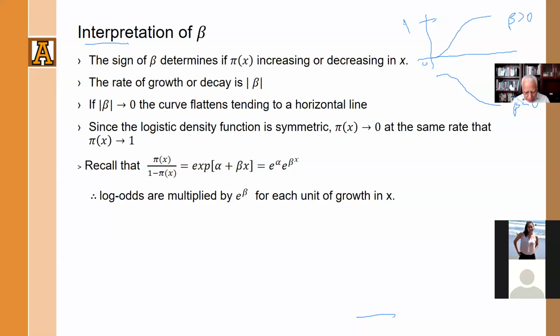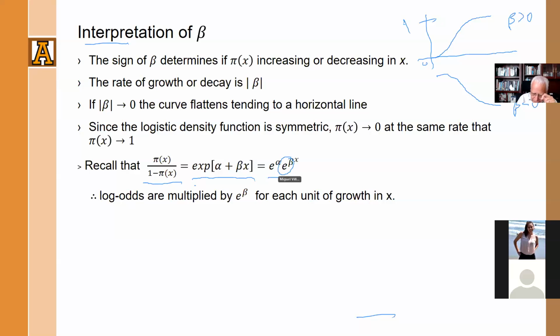Now, remember that we said that pi of x divided by 1 minus pi of x is the exponential of alpha plus beta x, and that's the exponential of alpha times the exponential of beta x. So the odds are multiplied by e to the beta for every unit of growth in X. If X is continuous, then for every unit that X grows, the odds are multiplied by e to the beta.